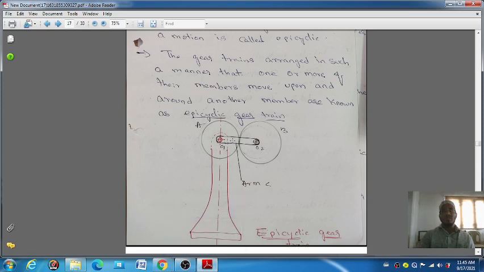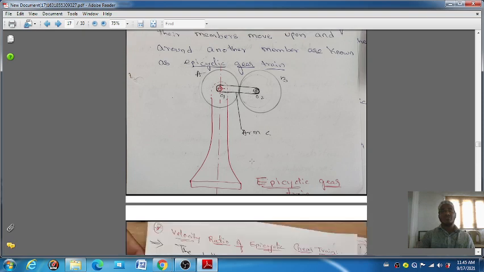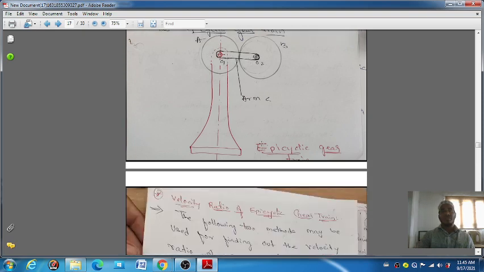On that same axis, the arm C is also connected, that is O1, and on the other side of the arm C is O2, and the gear B is connected there, and it is rotated in this direction, clockwise or anti-clockwise. Okay, and this arm C has some distance also. This is called an epicyclic gear train.